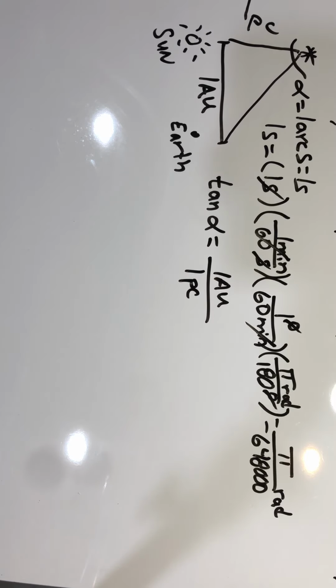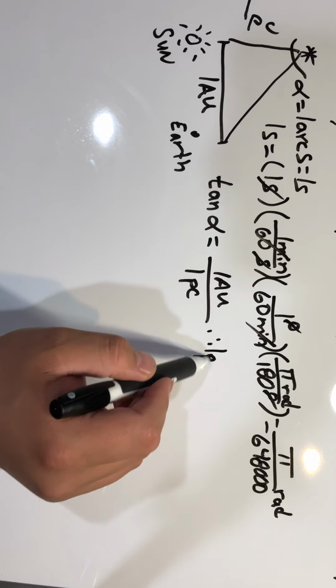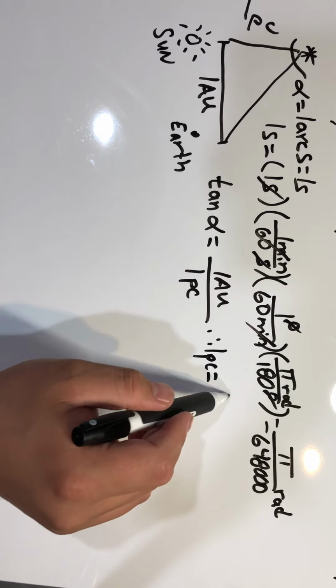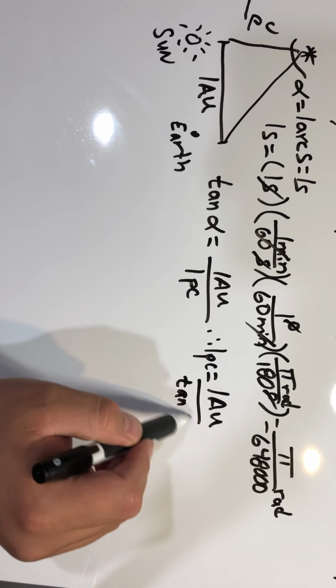And now we can do basic arithmetic, and we can solve for 1 parsec. We can say, therefore, 1 parsec is equal to 1 astronomical unit divided by tangent of alpha.